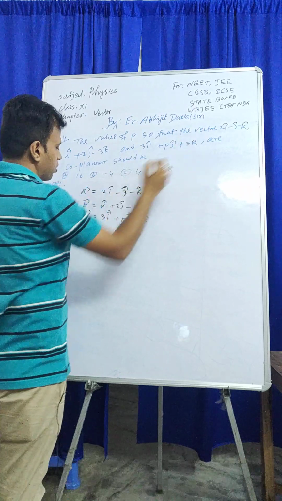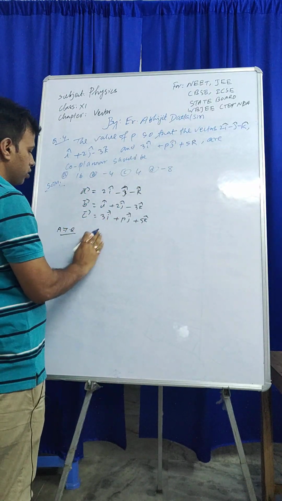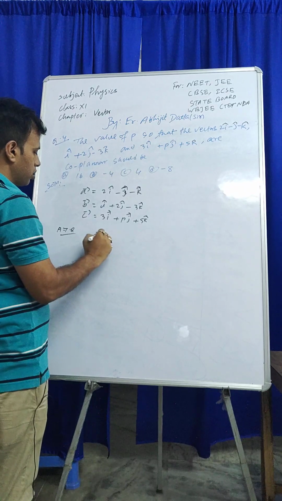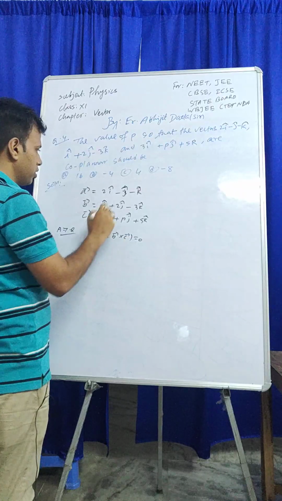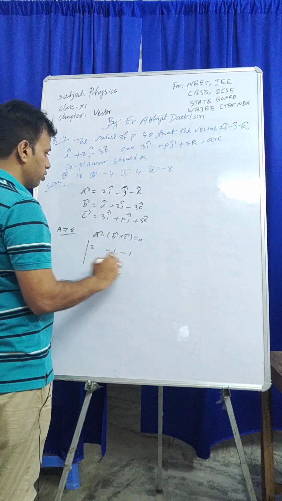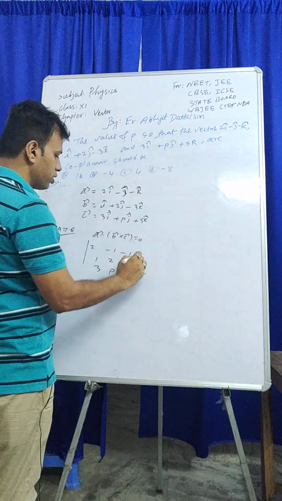Now according to the question, a dot b cross c is equal to 0. That means the determinant with rows 2, minus 1, minus 1; 1, 2, 3; and 3, p, 5 is equal to 0.